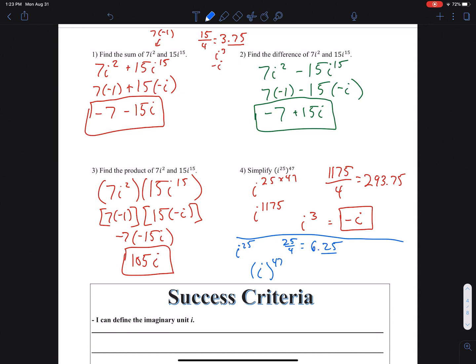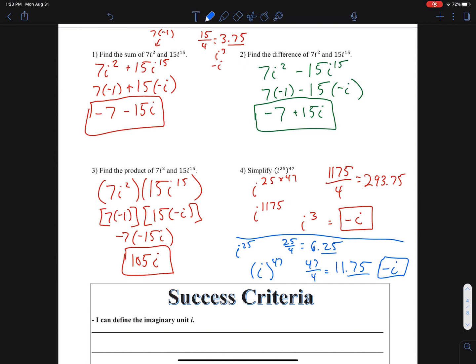And now you got to do 47 divided by 4. You would get 11.75. Our remainder there is 0.75. So it's a remainder of 3. Think 3/4. So that would be negative i. You get the same thing. Usually simplifying the numbers first is a little bit easier. But in this case, I think they're both pretty good. Maybe even not simplifying first was easier.